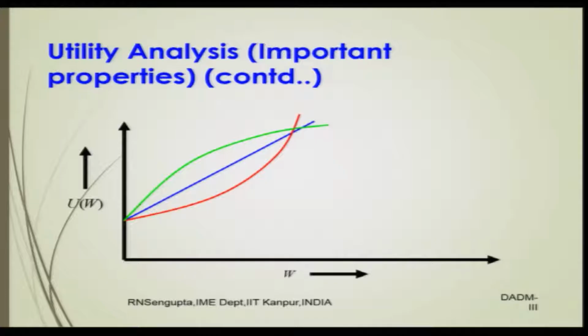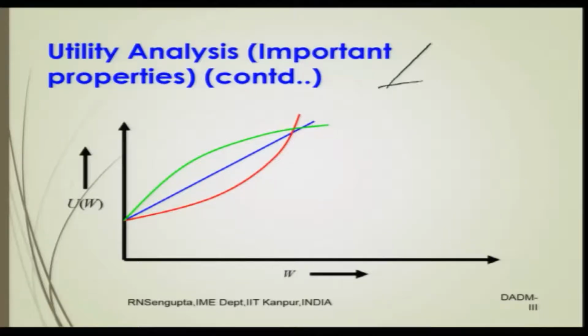So, for the green one the first derivative is always positive, between 0 and 90 degrees, but the slope is slowly decreasing, such that the second derivative is decreasing. So, technically it would mean that if I am on the green line, I am trying to avoid the risk, that means I am a risk avoider.